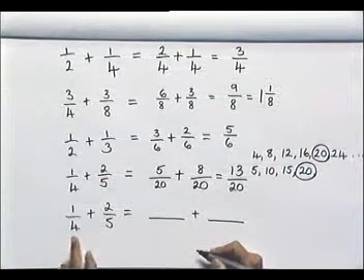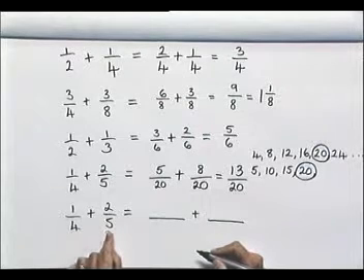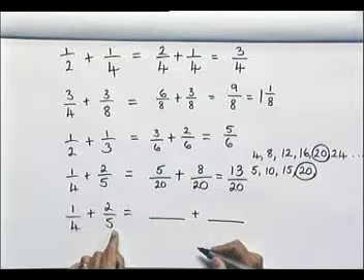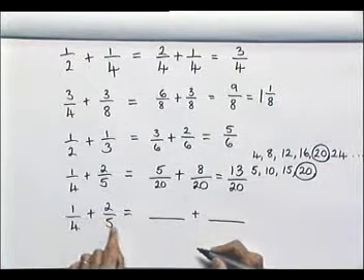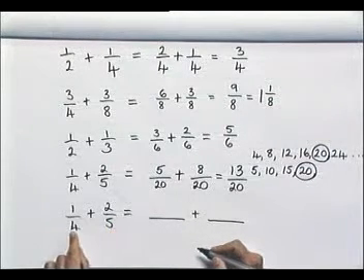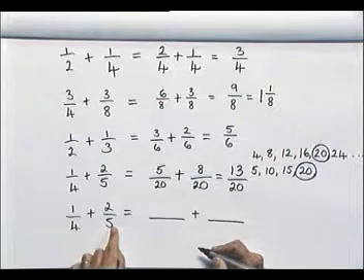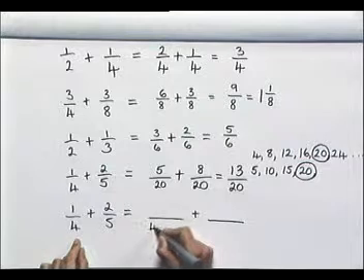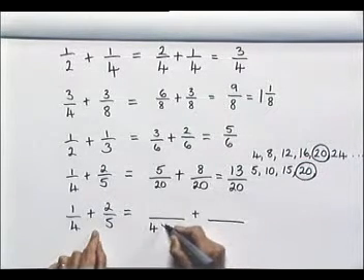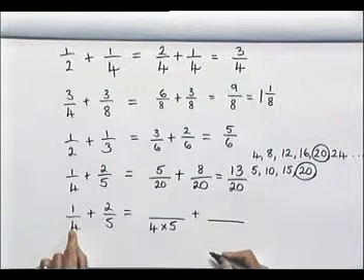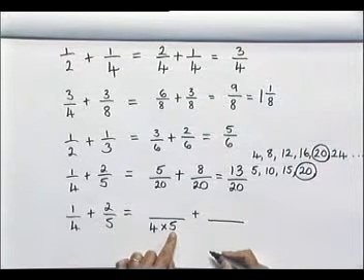Well, we were looking for a number that both 4 and 5 fitted into, a common number. So what you could say we did here is actually multiplied the 4 and the 5. 4 goes into 20 5 times. So what we did is multiplied 4 by 5.